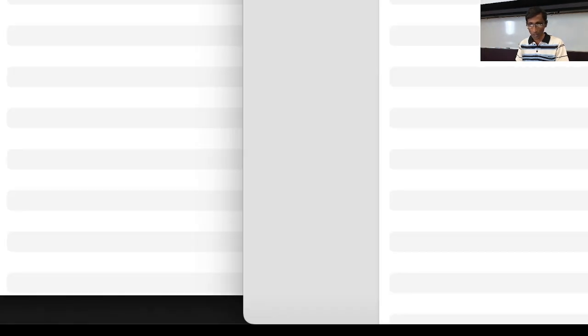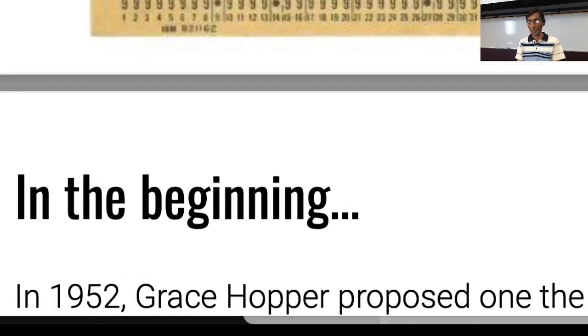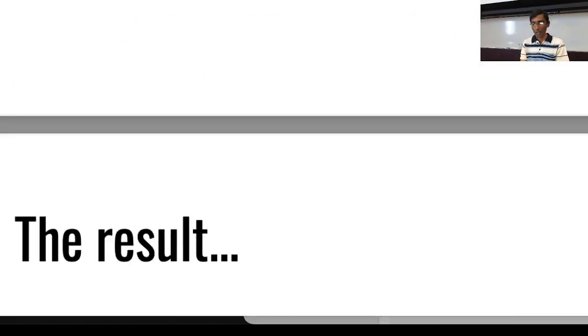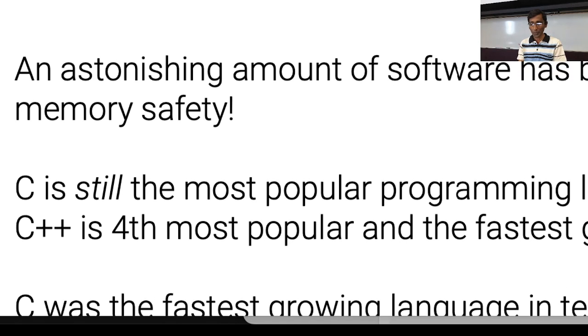In the last class we saw binary exploitation, so we will quickly go over the slides again. We introduced shell code, which is nothing but spawning a shell or calling a system call from the memory.